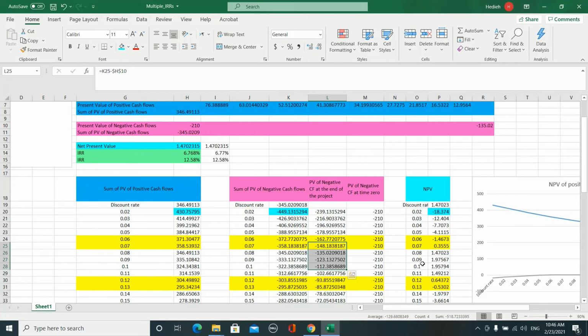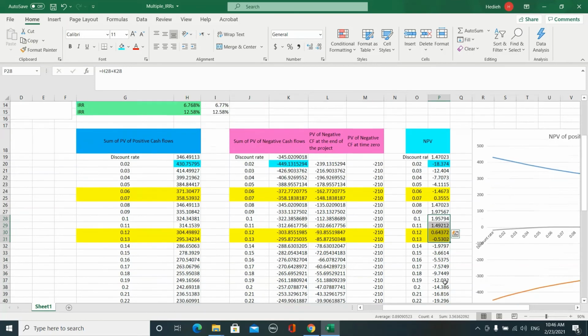But after some point, after 10%, you observe that when you increase the discount rate, because the present value of your positive cash flows becomes too small and some fraction of your negative cash flow never gets discounted, the sum of the present value of your negative cash flows becomes larger than the present value of your positive cash flows. So your NPV starts to decrease, and it starts to become 0 and then negative. That's why you find your second internal rate of return.